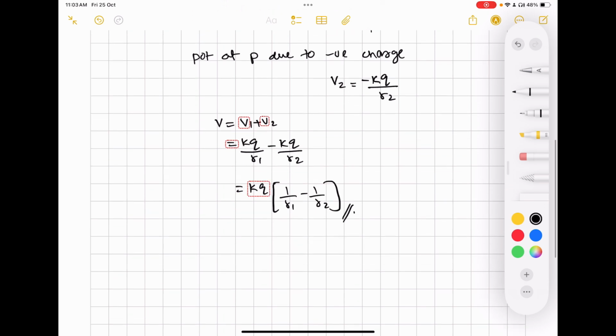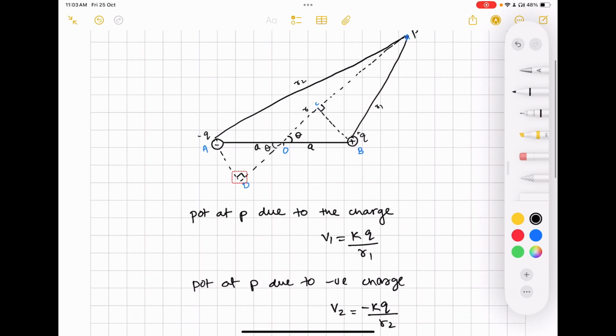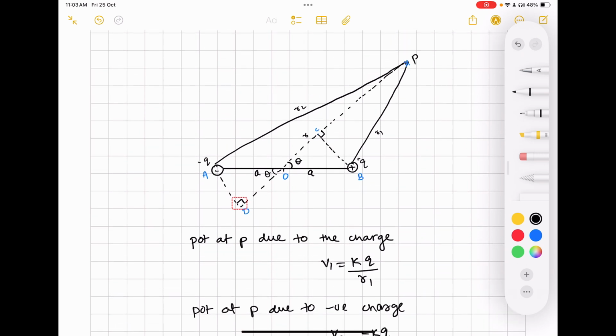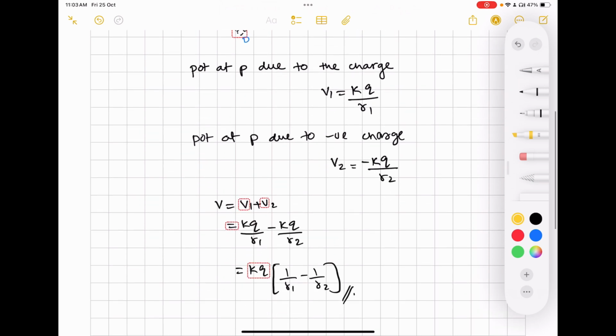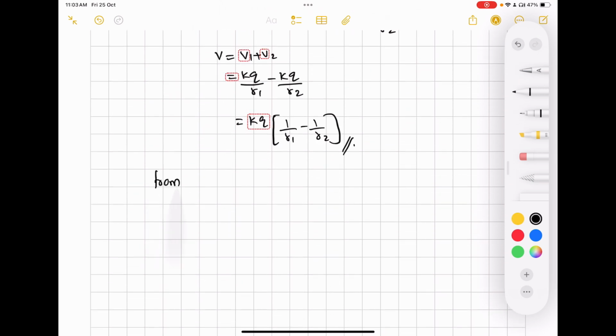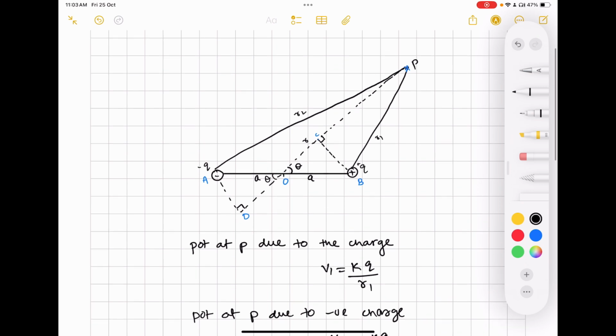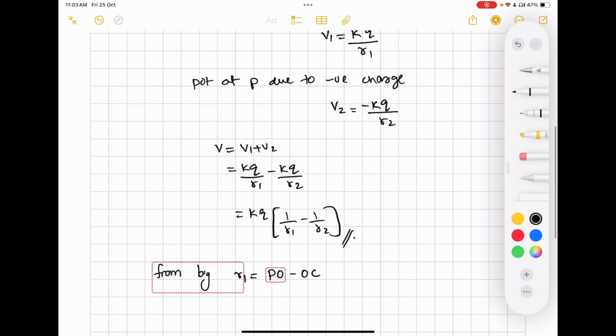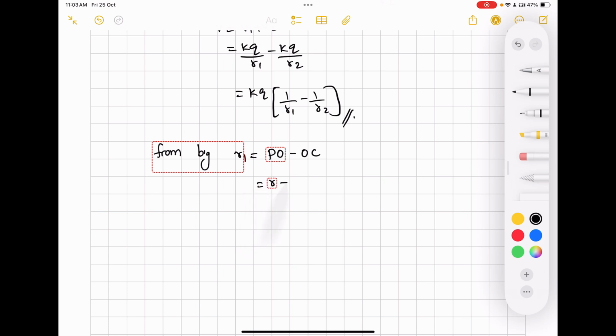Now we need to find R1 and R2. From the figure we can say that R1 is equal to PO minus OC, and PO is R, so R1 is equal to R minus OC.